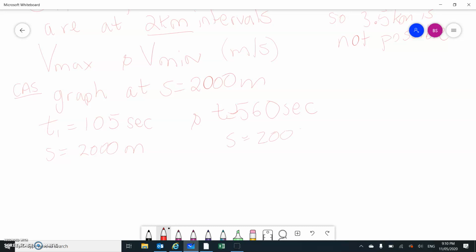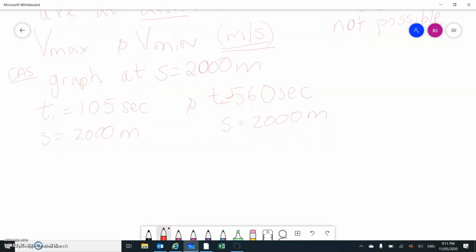So they're coordinates. When S equals 2,000, you get 105 seconds, and you have 560 seconds on the graph. So these are 2 sets of coordinates. We need to find what is the velocity.